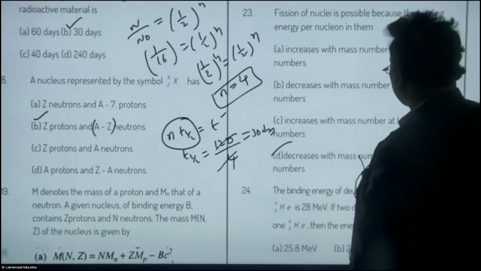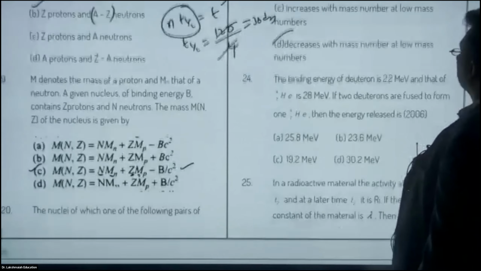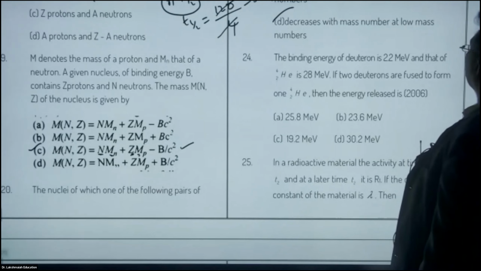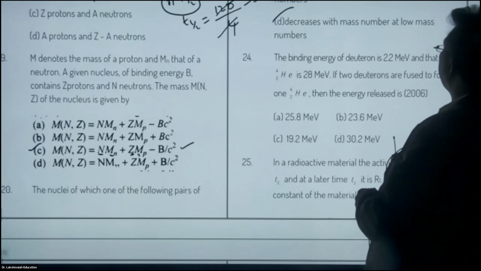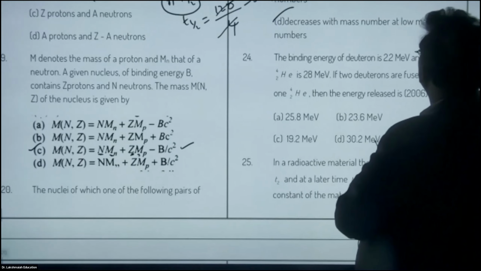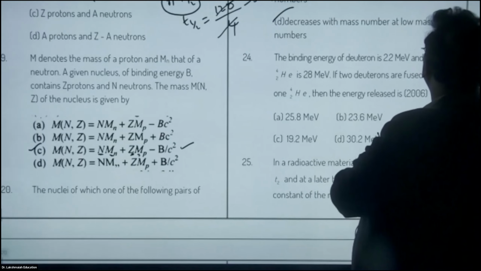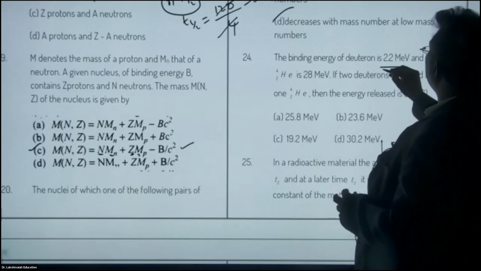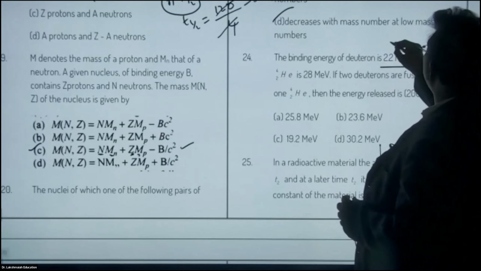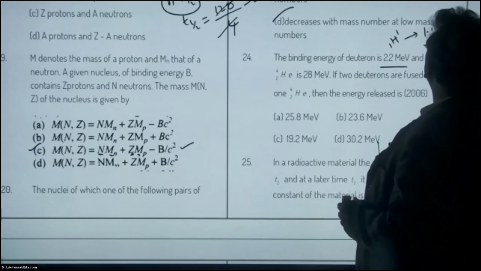Right. Next, 24th. The binding energy of deuteron is 2.2 million electron volt and that of helium is 28 million electron volt. For hydrogen atom, what is the binding energy? 1.1 million electron volt.